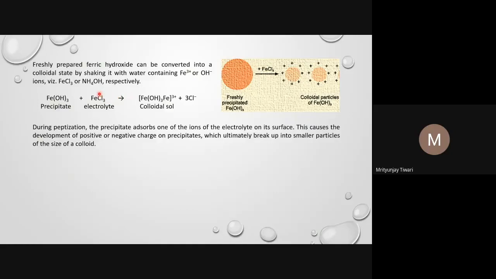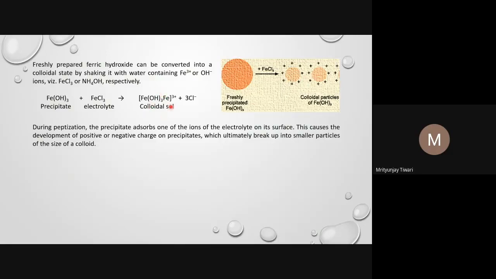Now these Fe3+ ions will get adsorbed on this precipitate and so it forms these separate particles in the colloidal size. You can see here this is a freshly prepared ferric hydroxide precipitate. On addition of FeCl3, it forms colloidal charged particles, and each particle contains now the positive charge in this case. And because of the formation of positive charge, these colloidal particles will not cling to each other.